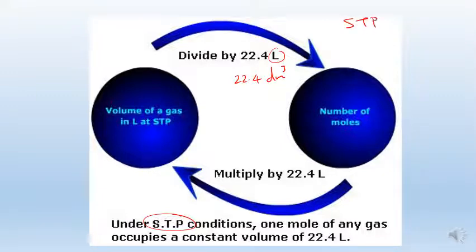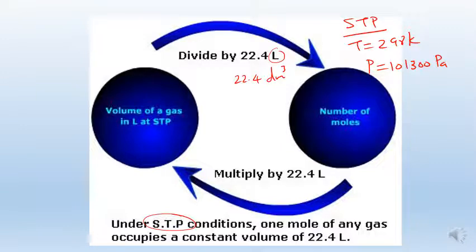What are the conditions for standard temperature pressure? Well, the temperature is about 298 Kelvin, and the pressure is just around 101,3 kilopascals, or 101,300 pascals.